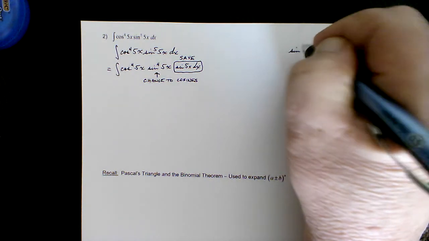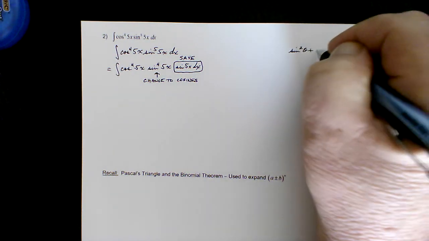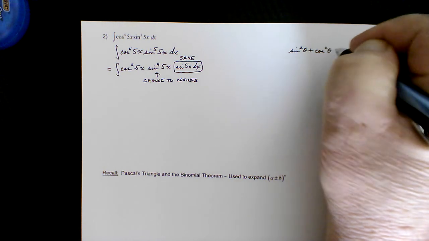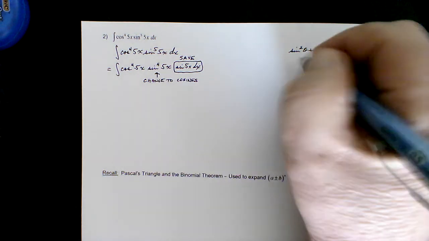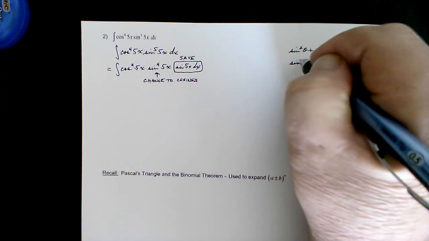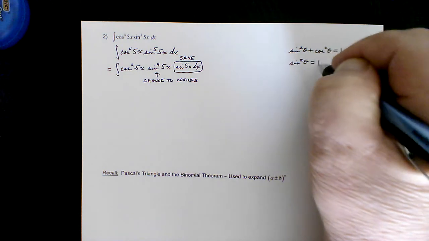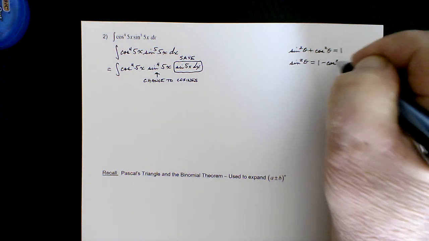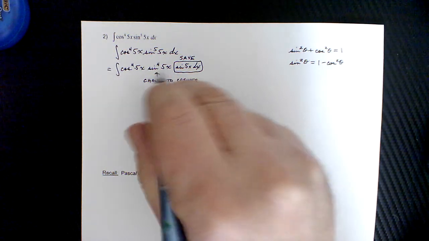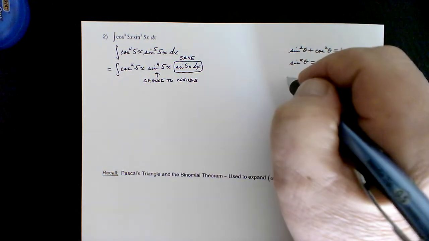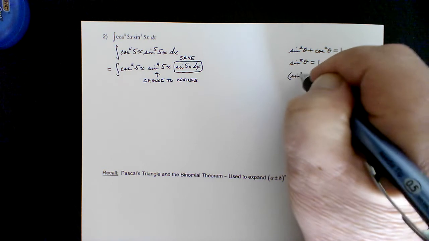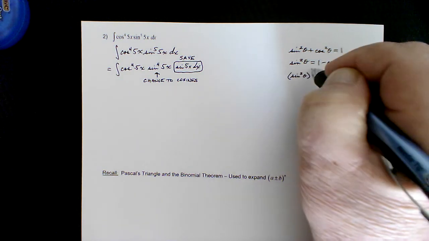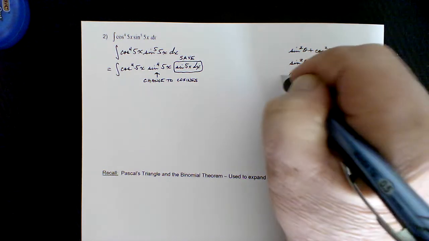We have the identity that sine squared theta plus cosine squared theta is 1. So if I'm concerned with sine, I'll isolate sine squared theta, it's 1 minus cosine squared theta. But I need sine to the fourth. Well, sine to the fourth can be thought of as taking sine squared and squaring it.